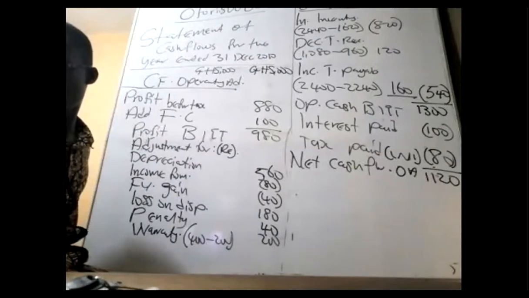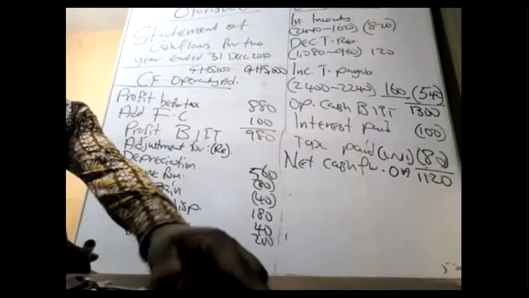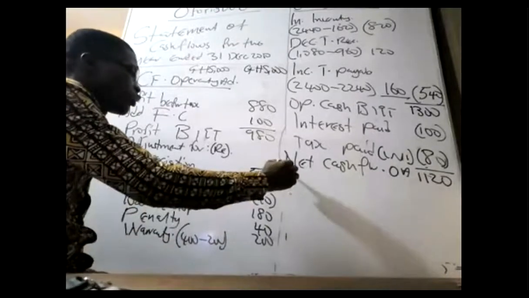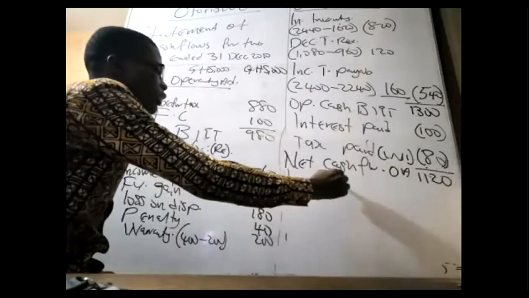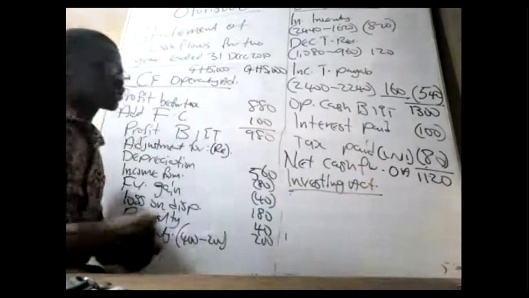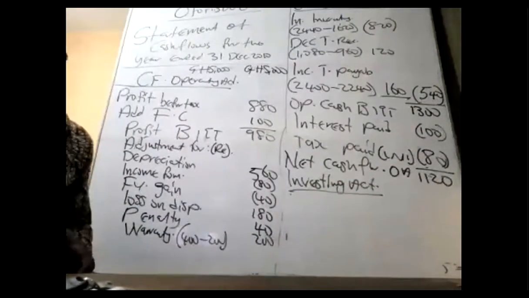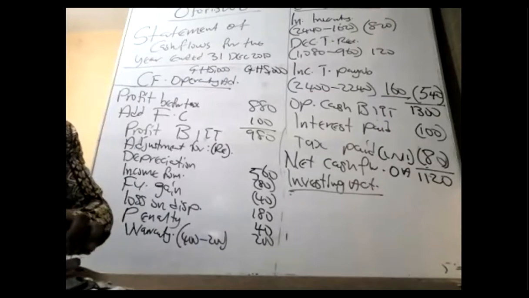Cash flow from investing activity. Now, the next one is cash flow from investing activity. Straightforward. In fact, as soon as you get the operating activity right, your chance of finishing the question is just a few minutes away.